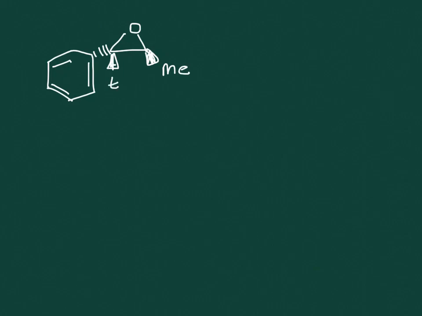Let's look at an example. We have the following epoxide. And we're going to treat it with H2SO4 and ethanol. First step is protonation, and I'll just draw that intermediate.